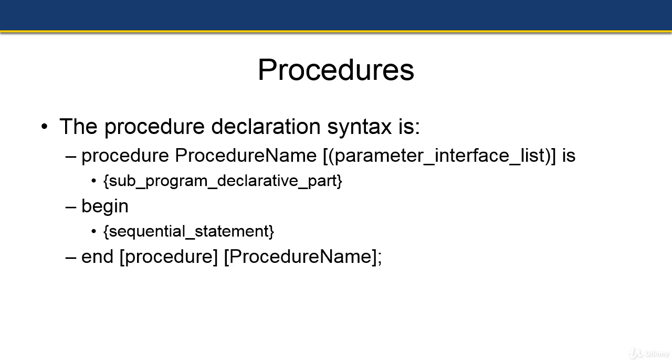The procedure declaration can include a return statement so that we can return from the procedure in the middle of the procedure rather than hitting the end of the procedure, which will do an automatic return. The rest of the syntax is end procedure, and then the procedure name.